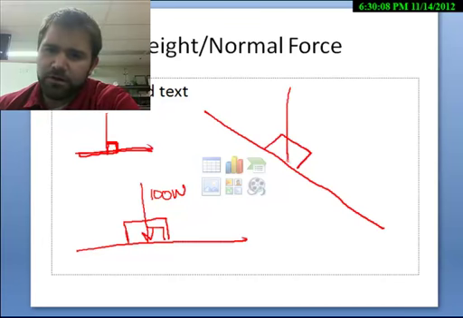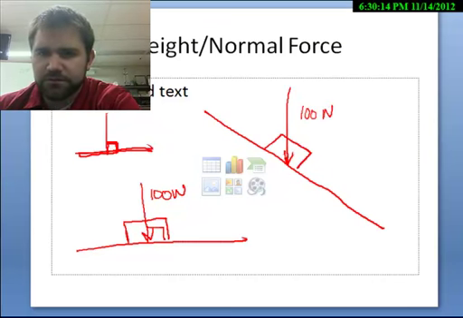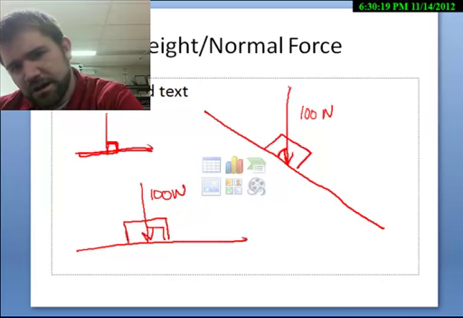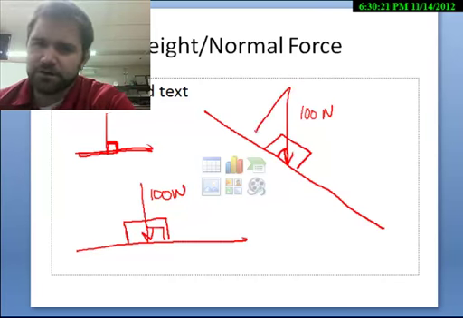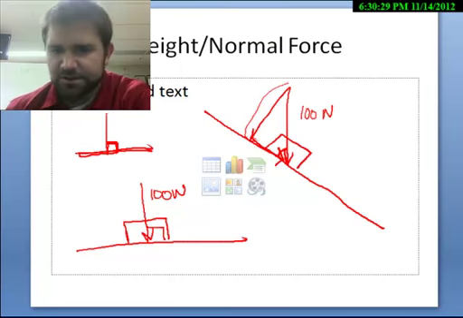But on this slope, the gravitational force is still straight down. So this would be 100 newtons straight down, but that force is not perpendicular to the surface. So you can actually break this down into two vectors, one that is straight down this way and one that is straight sideways here.